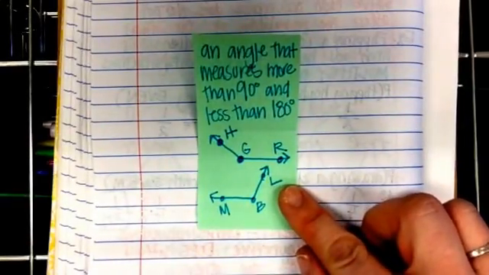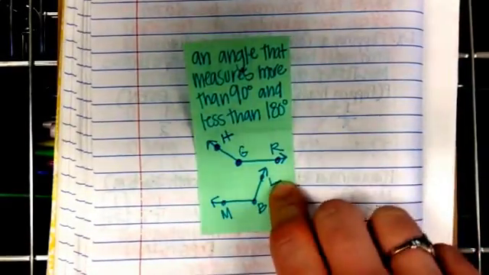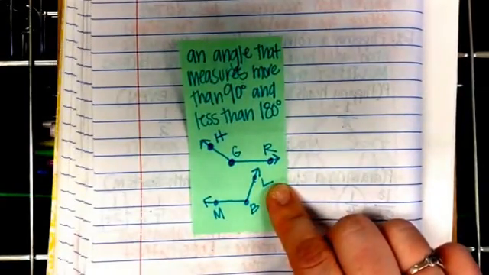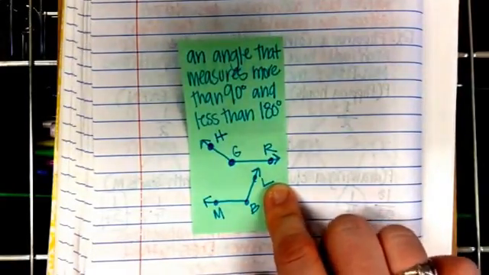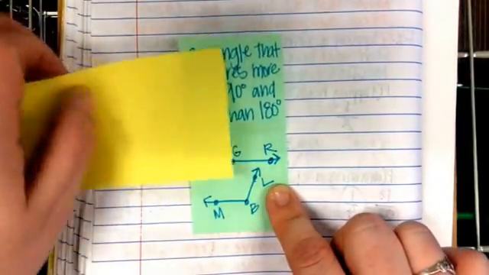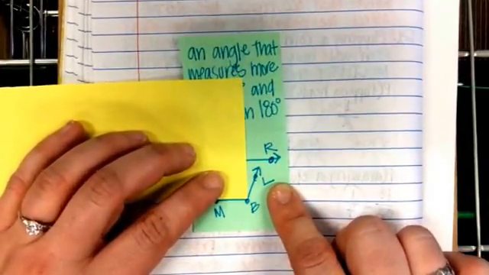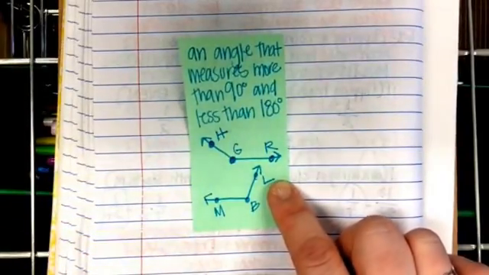Those are obtuse angles. And what can you use to determine if it's obtuse, if it's bigger than 90? The corner of your paper again, right? It's just got to be bigger than that. Look, is it bigger than the corner of my paper? Yes. So that's obtuse.